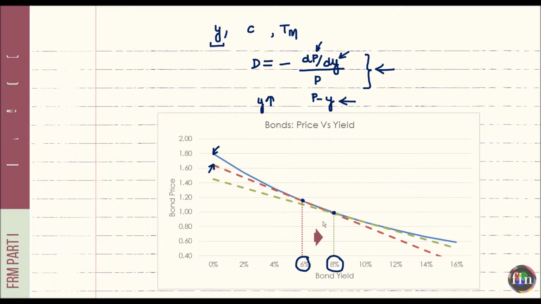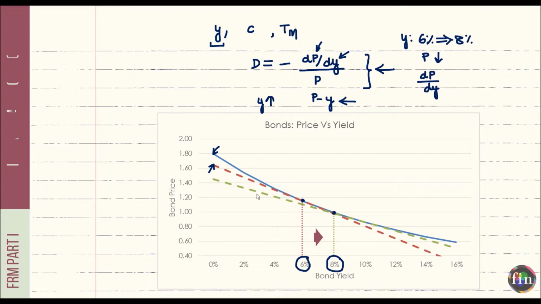From the tangents we've drawn and the levels of the prices, what do we note? As the yield moves from 6% to 8%, the price goes down. That part is clear: it's an inverse relationship between prices and yields. The other thing we note is that the slope of the P versus Y curve has become less negative.